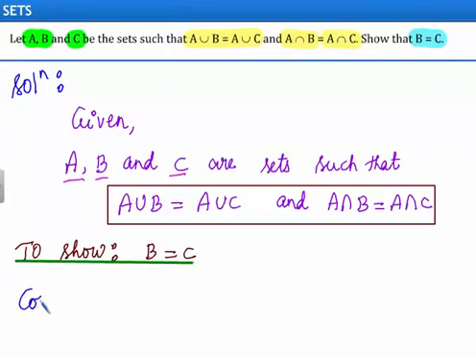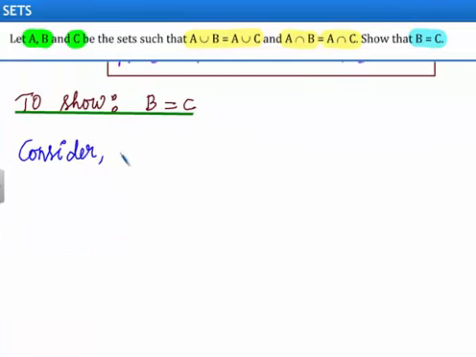Let us consider the set B. B can be written as B intersection (A union B).